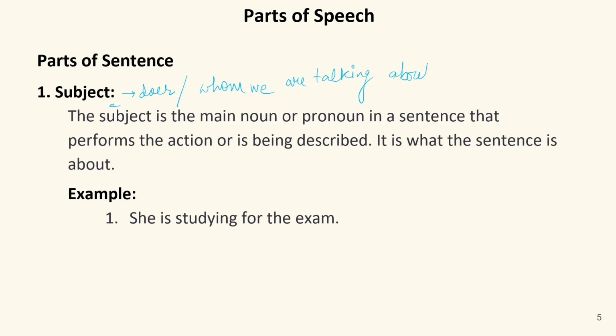For example, if I say "She is studying for the exam". The work done is studying. Who is studying? She. So she is performing the action. We are talking about she. So she is the subject in this sentence.